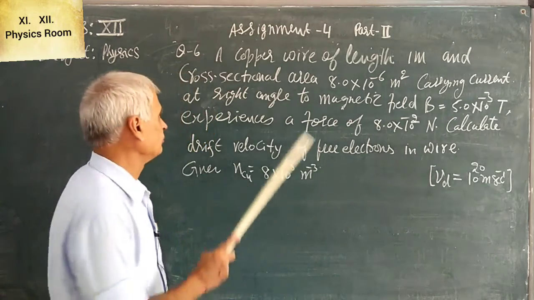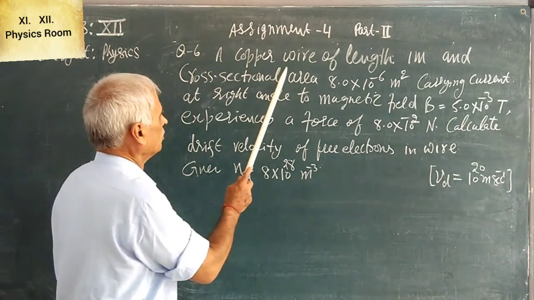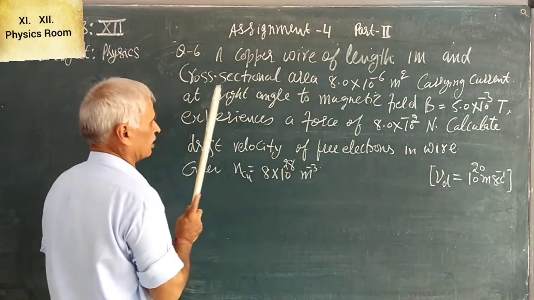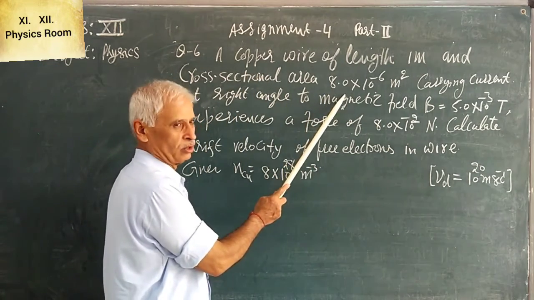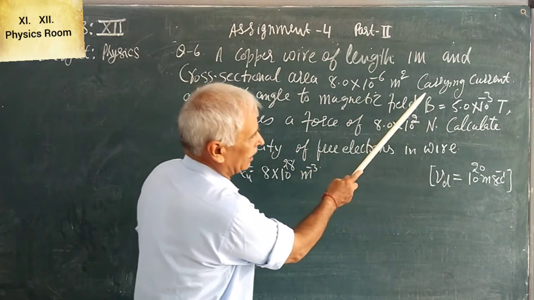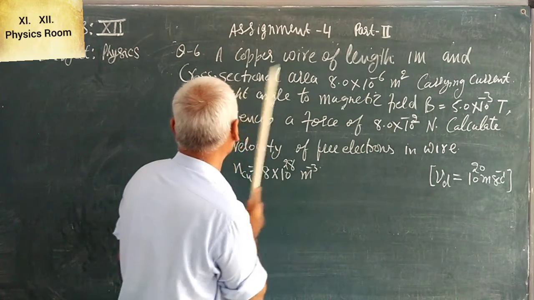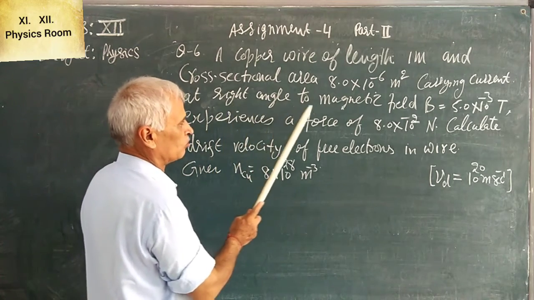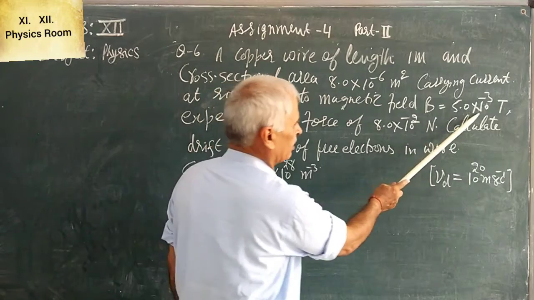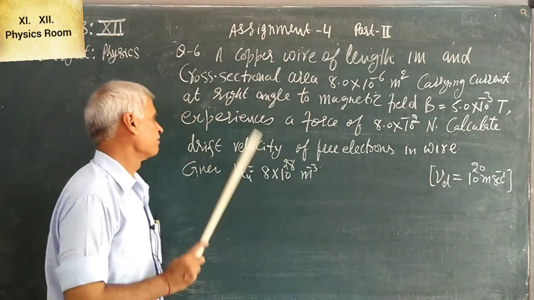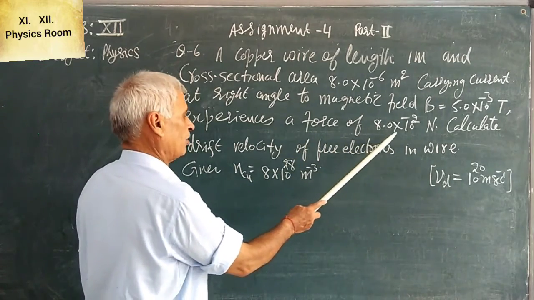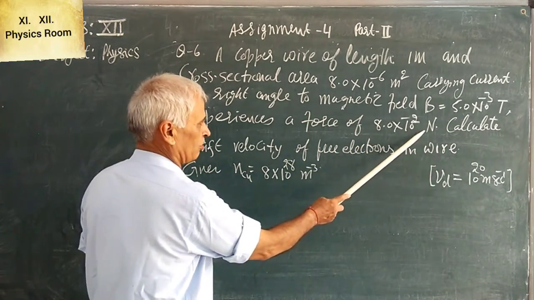Question number 6. A copper wire of length 1 meter and cross-sectional area 8.0 into 10 raised to power minus 6 meter square carrying current at right angle to magnetic field B equal to 5.0 into 10 raised to power minus 3 Tesla experiences a force of 8.0 into 10 raised to power minus 2 Newton.